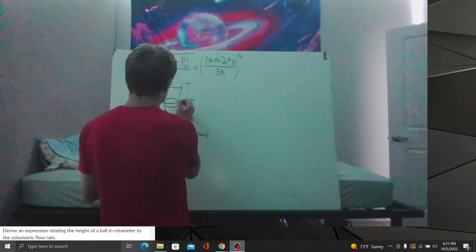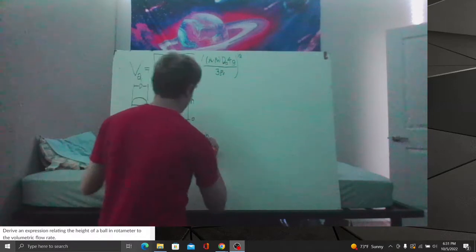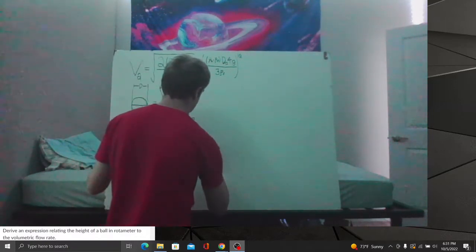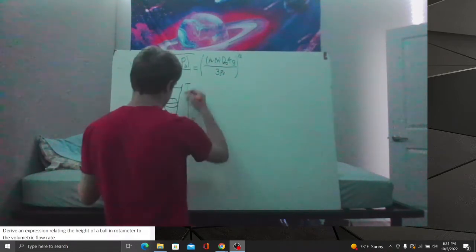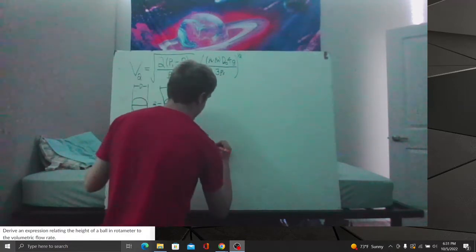So any diameter d is going to be equal to our starting diameter, d naught, plus that slope times our height, the change in height.